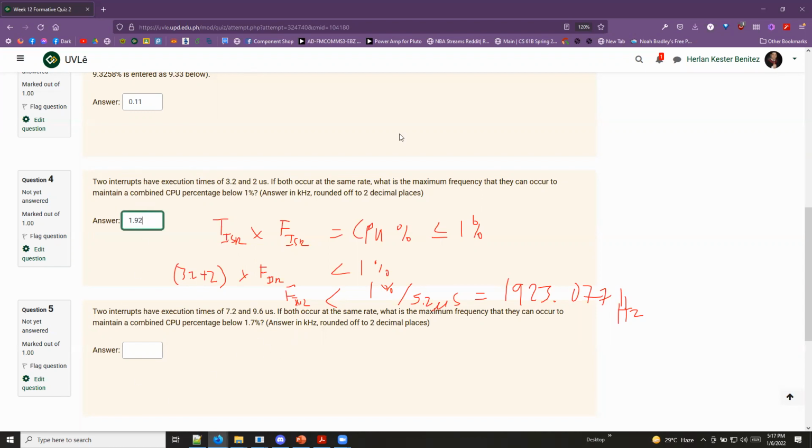Similarly down here, we have 1.7%, this time divided by 7.2 plus 9.6.